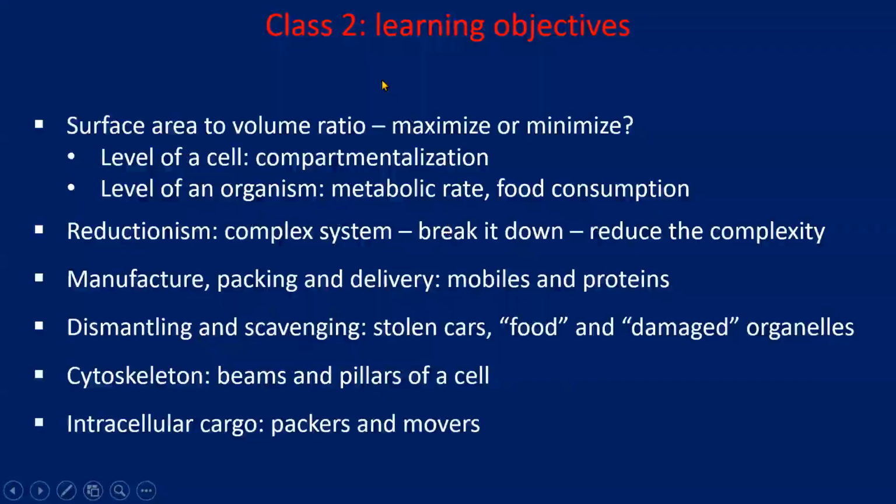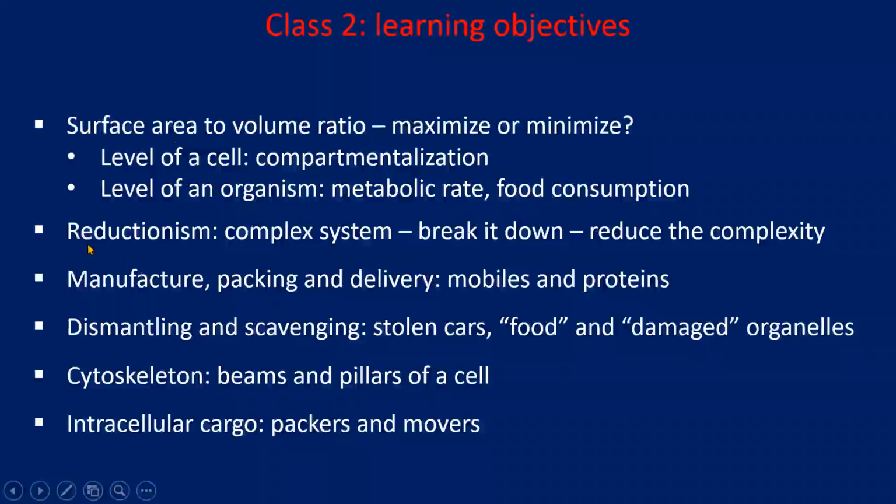So in today's class, here are the learning objectives. First, we will learn about surface area to volume ratio maximization and why it has to be maximized, then the compartmentalization of the cell, and the level of the organism, metabolism rate. All those things are somehow related to the surface area to volume ratio.